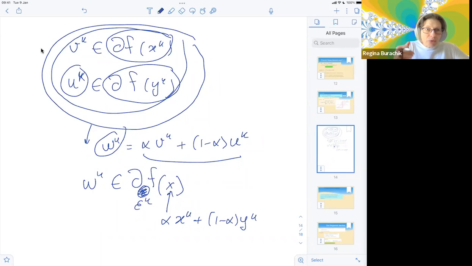And if you look at the convergence analysis of the bundle method, you will see that they very strongly use the transportation property of this error epsilon k. This epsilon k is some kind of error between the original function and the lower approximation.